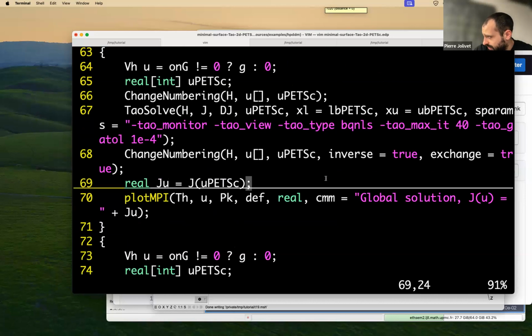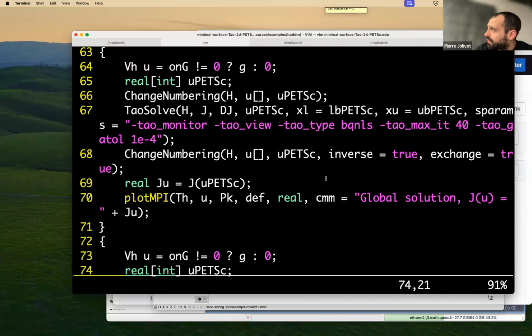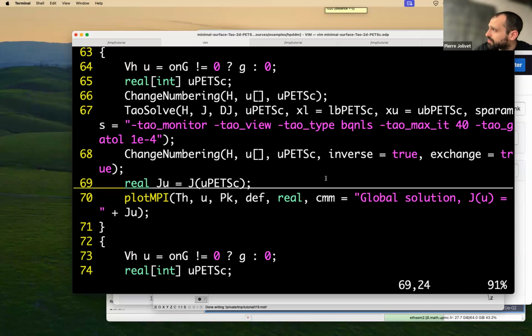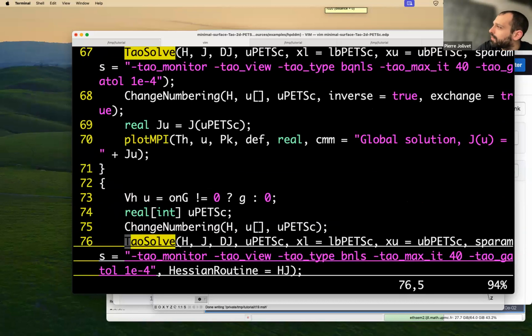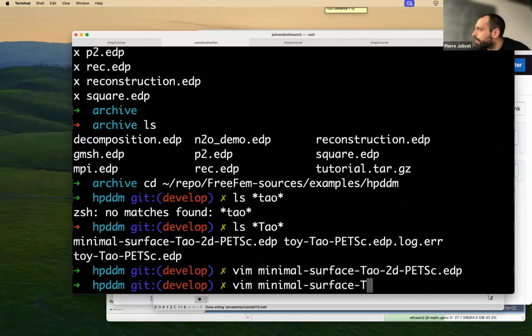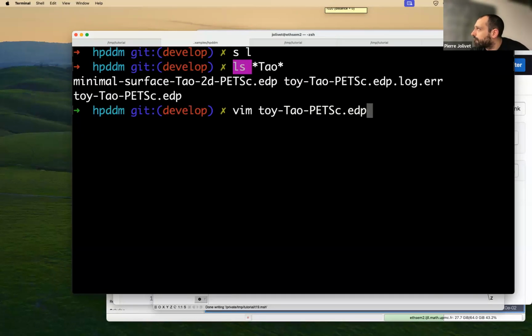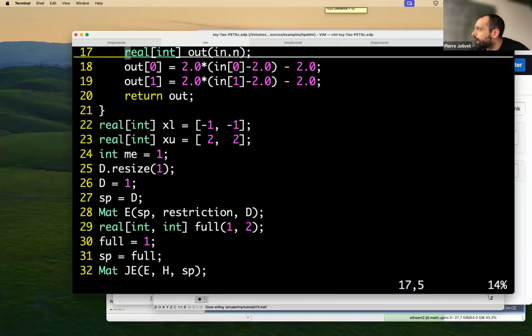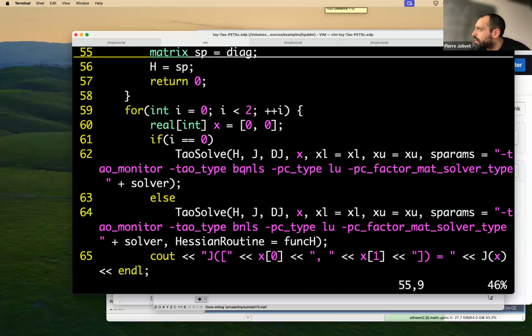It's been a while since I used it, but let me see. There should be the same in Tau solve.